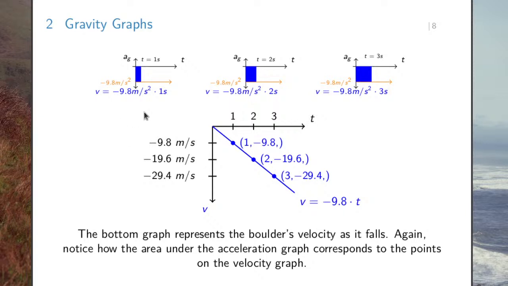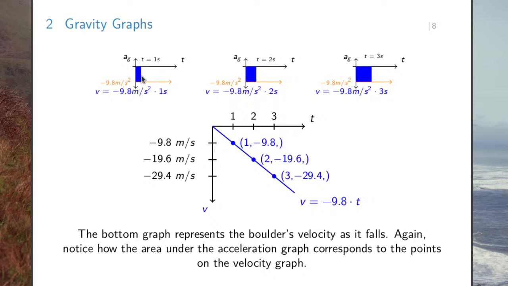But the reason I included all of these things up here is I want you to notice something. I want to remind us of something that we talked about last week, and in fact, it was one of the biggest topics from last week, this notion that we can think of the area underneath the acceleration curve, right? This orange curve is the acceleration curve here. It's the negative 9.8 meters per second squared. This is just the constant acceleration of gravity, right?